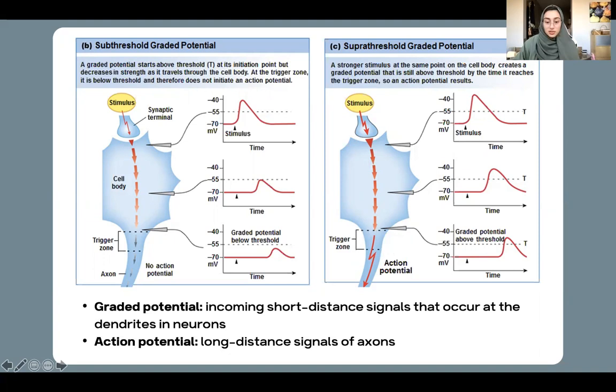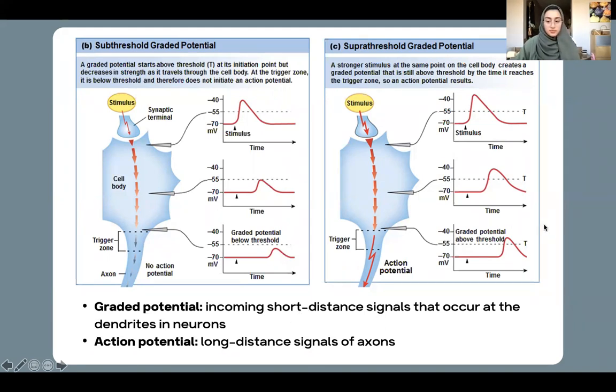Again, remember, it's all or none. So supra-threshold means you're above the threshold. So that means no matter what you do, action potential happens, right? All or none. If it's sub-threshold, that means it didn't quite reach that value that you needed to reach. So this is the whisper example, you get me? So once it gets here, the action potential doesn't happen. Okay.